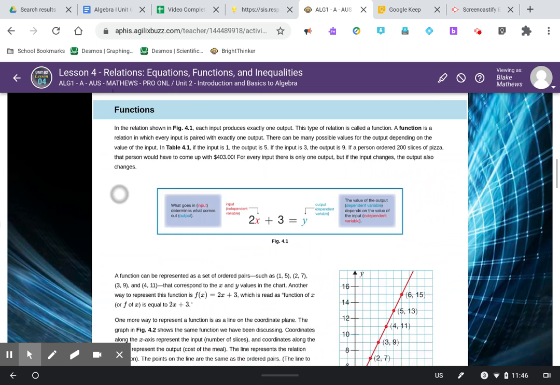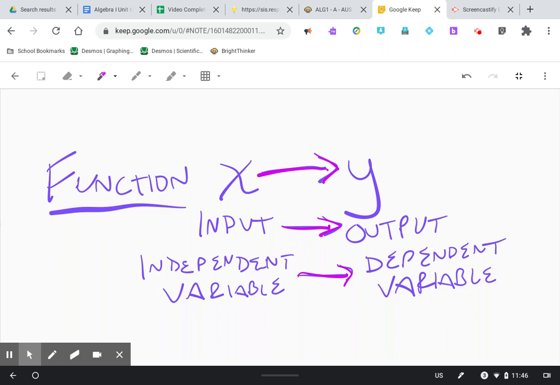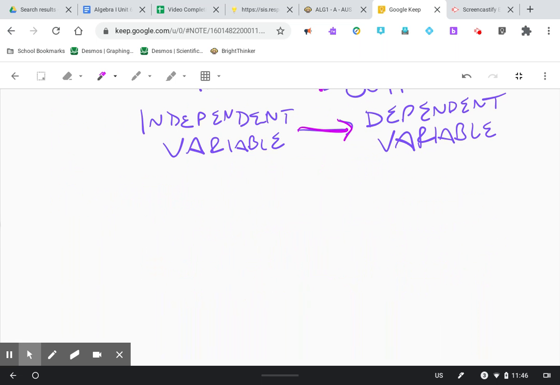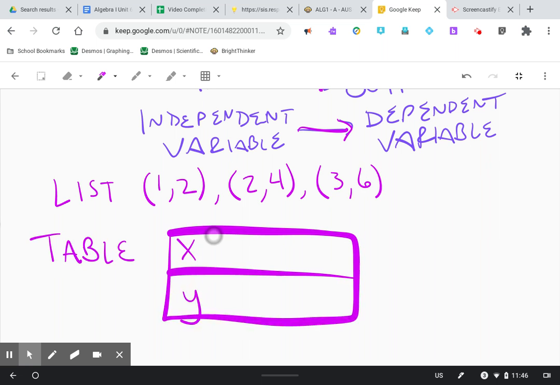So when we talk about a function, there's a couple of different ways you can represent a function. You can represent a function as a list, which is what I showed you earlier. It would be something like this. You could put it in a table. You could put it in a graph.